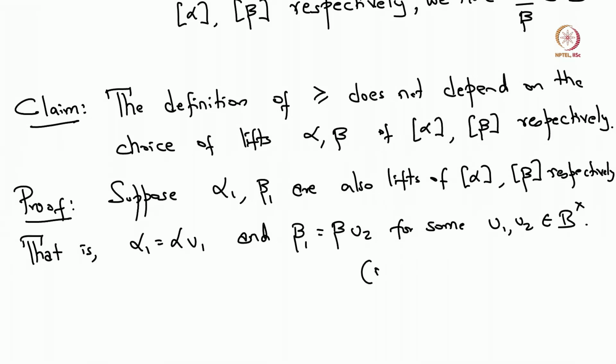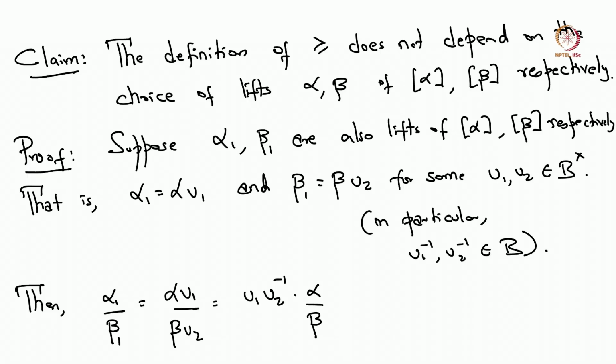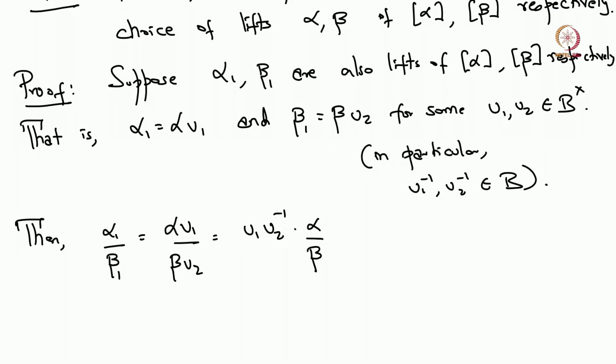In particular, since they're units in B cross, their inverses will belong to B. Then alpha 1 over beta 1 equals alpha U1 over beta U2, and you can rewrite this as U1 times U2 inverse times alpha over beta, where U1 belongs to B and U2 inverse belongs to B.